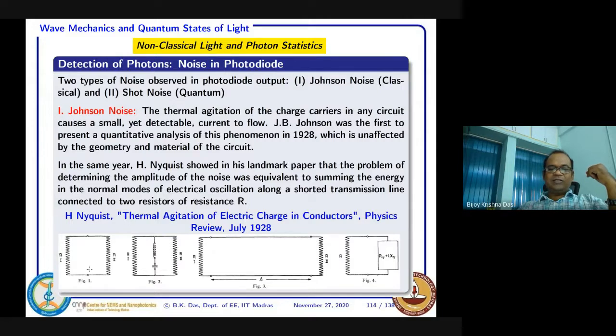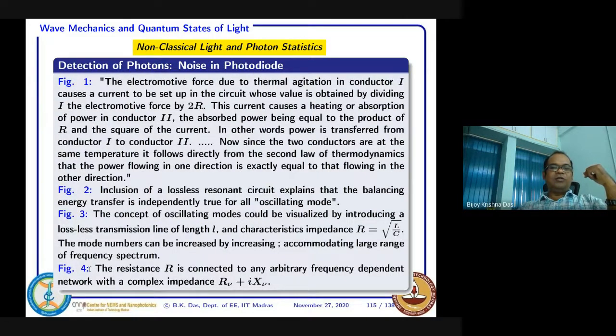So now figure 1 we are explaining. I just quoted the same wordings that Nyquist has written in his paper: the electromotive force due to thermal agitation in conductor 1 causes a current to be set up in the circuit whose value is obtained by dividing the electromotive force by 2R.